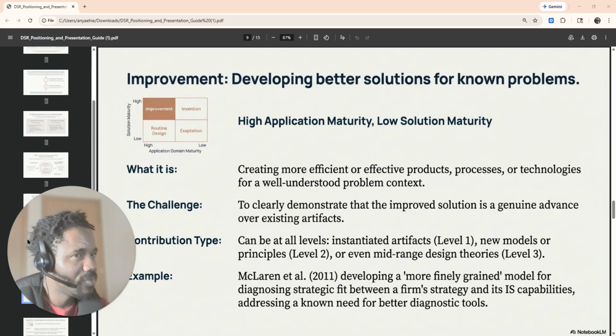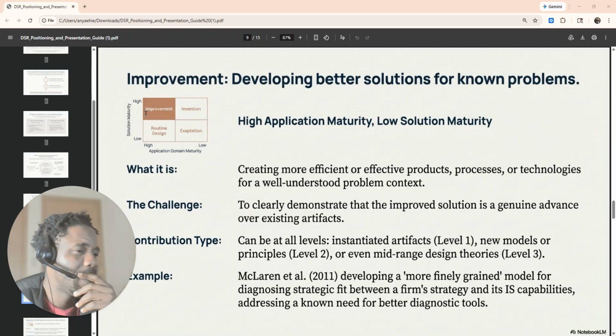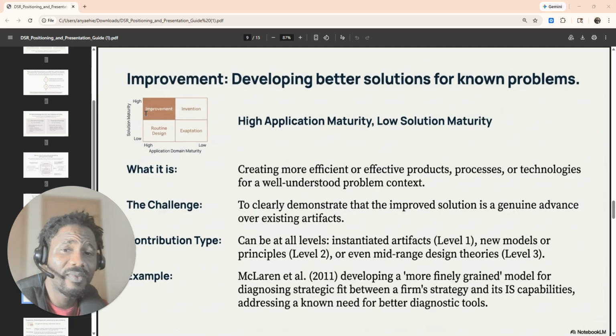So your goal here is to build a better mousetrap, a better tool, whatever. You're creating a solution that is more efficient, more effective, or higher quality than the one that already exists.